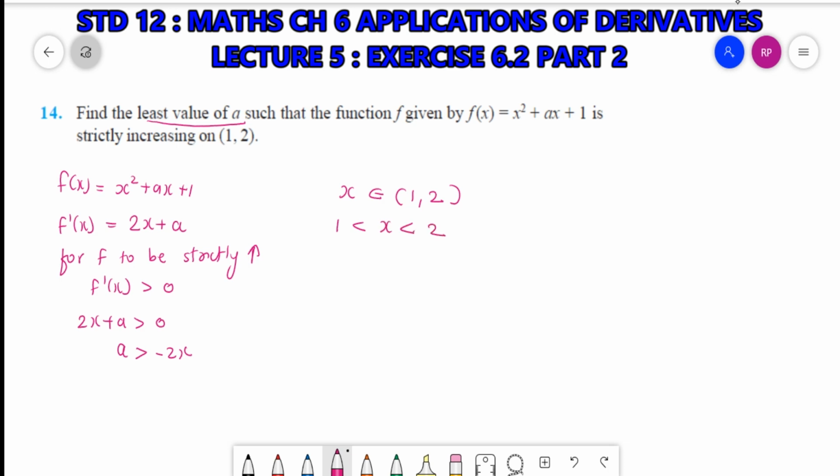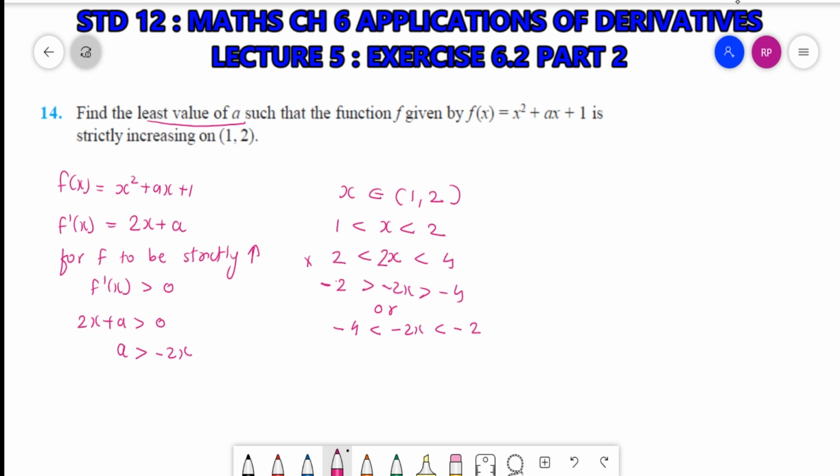Okay, here it's -2x. So when I multiply it by 2, 2 < 2x < 4. Now it's minus, so multiply by minus 1 and I need to change the sign. -2x is greater than -4, or I can write -4 < -2x < -2.